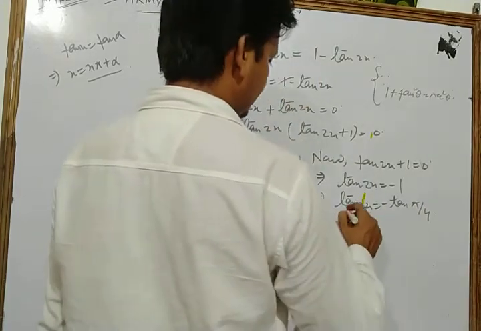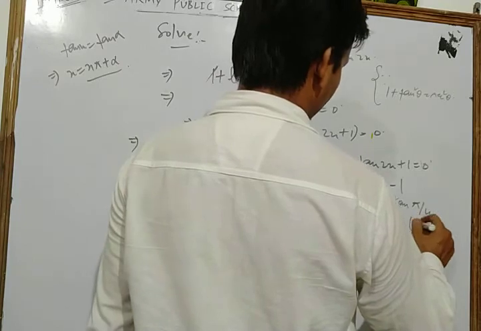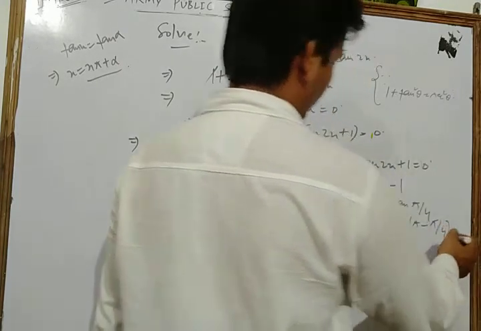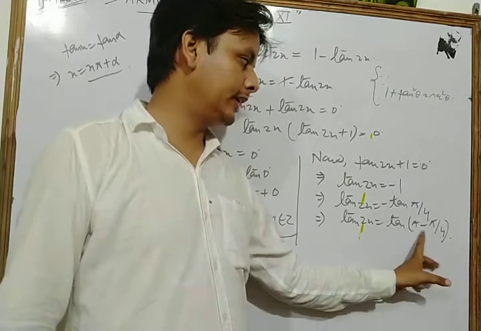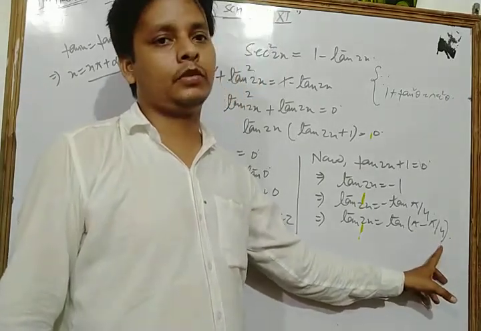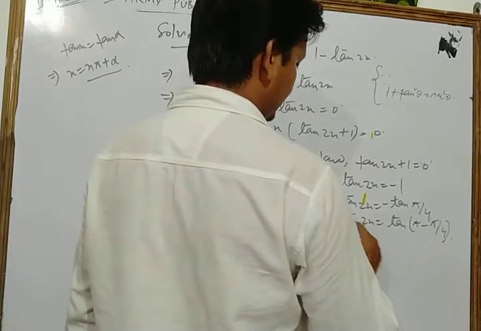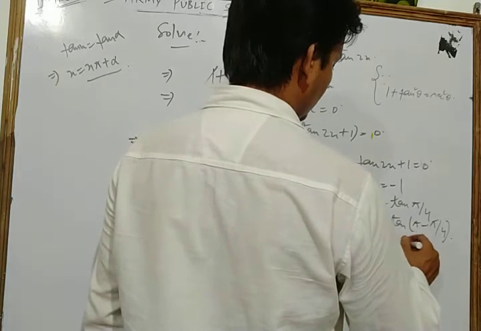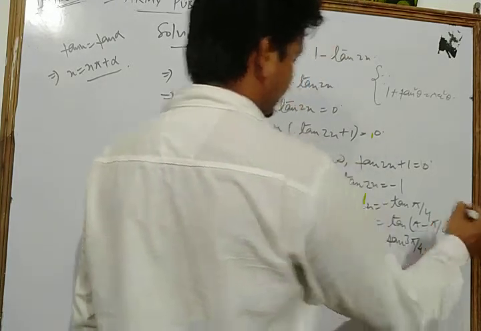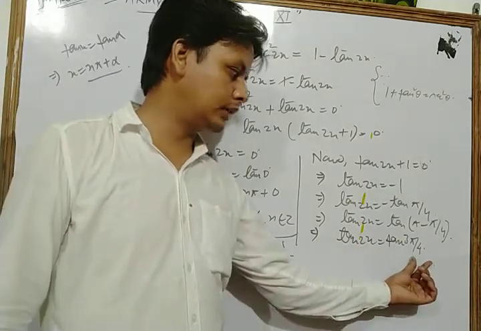Also we write tan 2x is equal to tan of pi minus pi by 4, because we know that tan of 180 minus theta is minus tan theta. So we write in this way, tan 2x is equal to tan 3 pi by 4. So this is the form of tan x is equal to tan alpha.